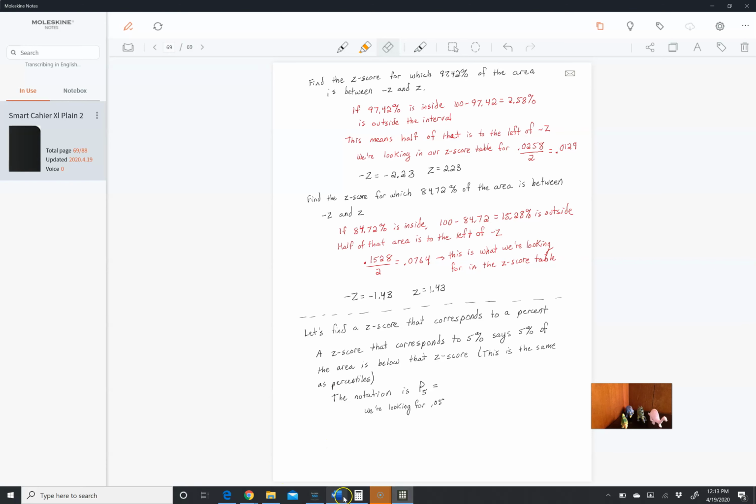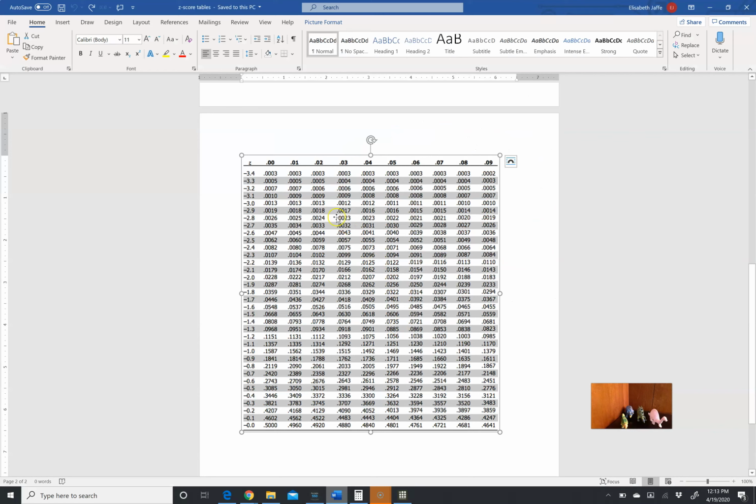So when we go to our table and we look for 0.05, it's going to be negative because it's less than 0.5. Notice this is an example where it's not in the table. It's actually immediately between negative 1.64 and negative 1.65. It's exactly in between there, which means that you can't really take the closest.